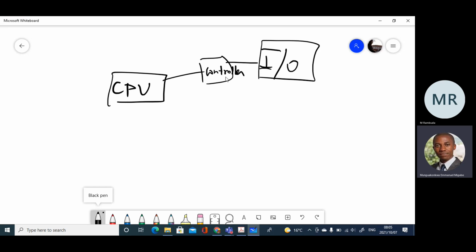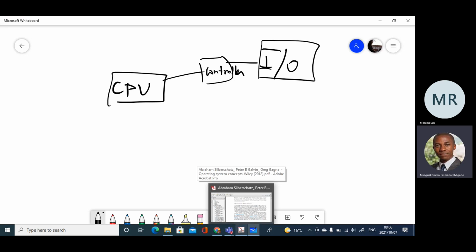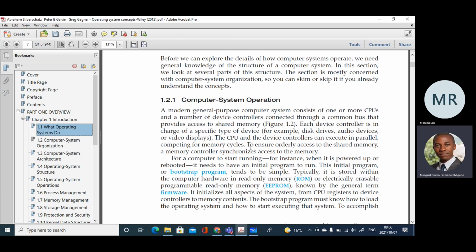For example, you'd have a controller for the keyboard, you'd have the controller for the mouse, etc., which in conjunction with the CPU helps in processing data from that specific input, or to that specific output in the case of an output device. That's important and basic, actually, just a reminder.